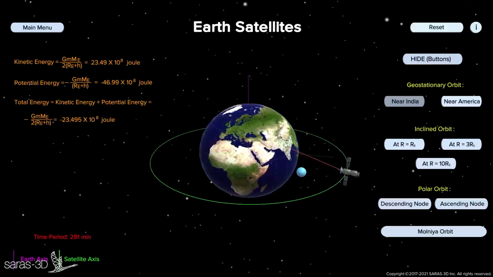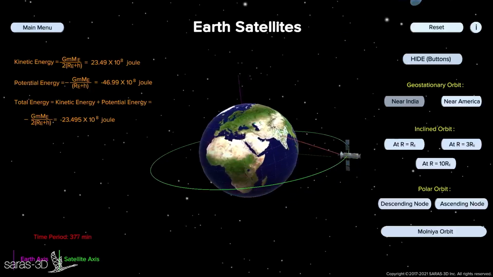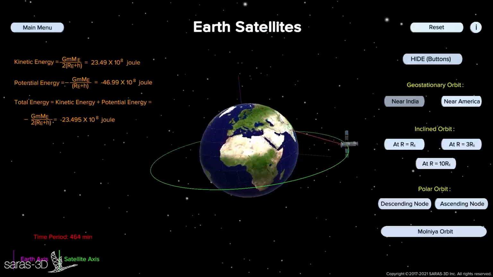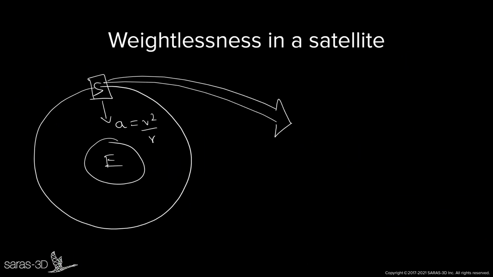Having understood different types of orbits of a satellite, now we will brush through one important concept, which is weightlessness in a satellite. Consider a satellite orbiting with a velocity v, then the acceleration directed towards the center of Earth is simply v square by r, where r is the distance of the satellite from the center of Earth.